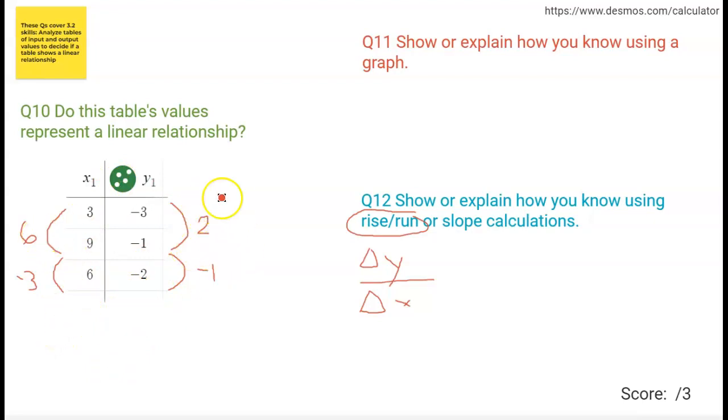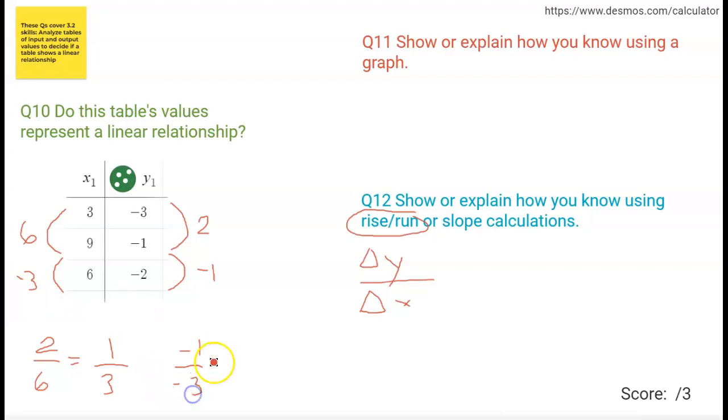My change in y here is 2, and my change in x across from it is 6. Both of those numbers can be divided by 2, leaving me with 1 over 3. So the slope between these points is 1 over 3. Now let's look at the slope between these points. My change in y was -1, and my change in x is -3.